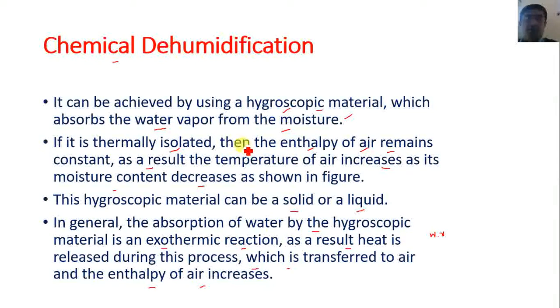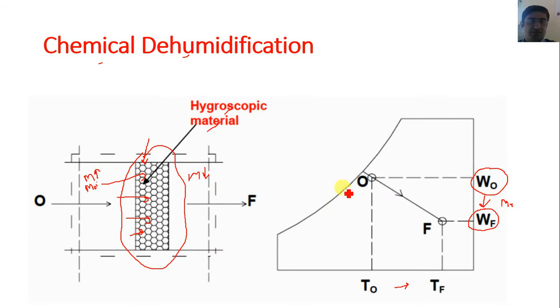The enthalpy of water vapor gets decreased, but the same amount of energy is gained by the air. So the enthalpy of air gets increased during this whole process of chemical dehumidification in the actual case. So here is the chemical dehumidification process. In the ideal case the value of enthalpy remains the same, but in actual the value of enthalpy gets increased.